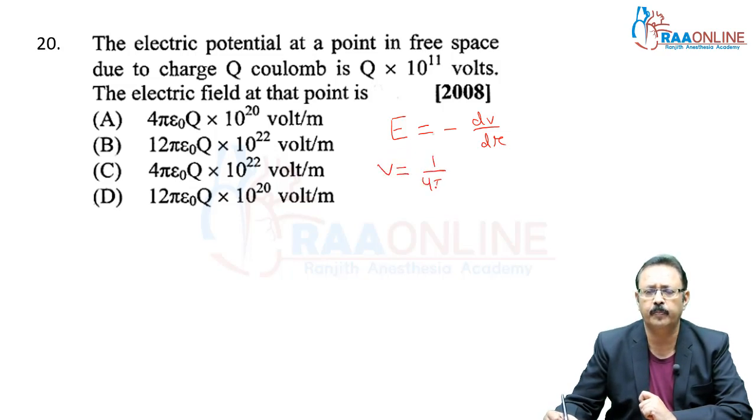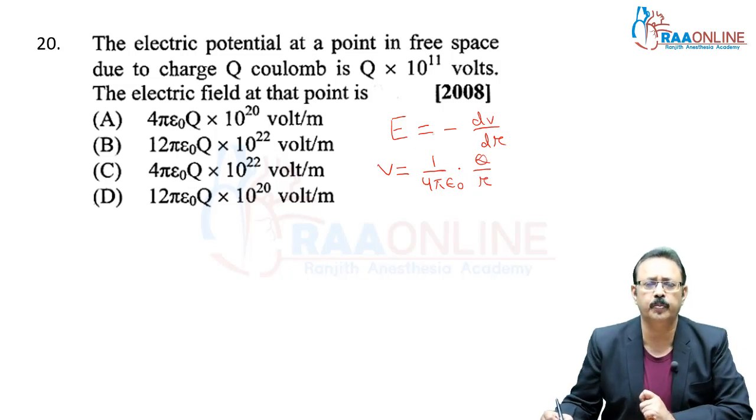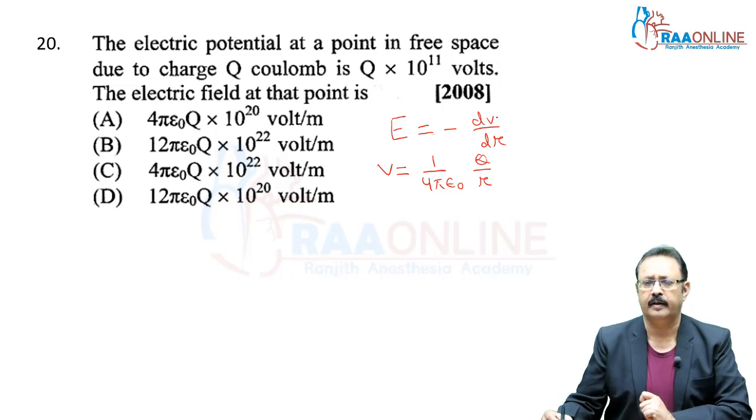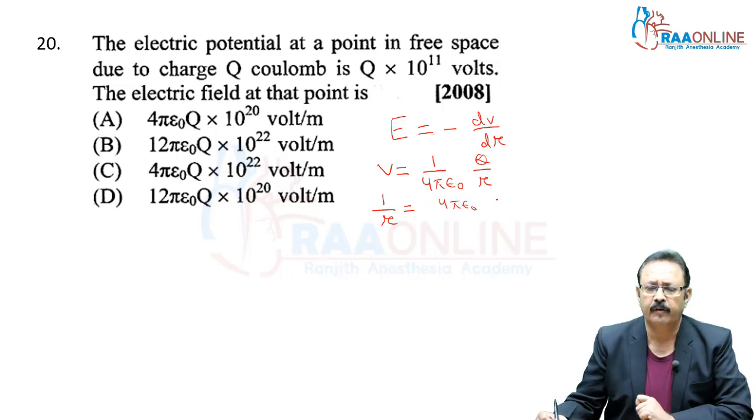V is 1 upon 4 pi epsilon naught Q by R. So now we will calculate 1 by R. What is 1 by R? 1 by R is 4 pi epsilon naught V by Q.